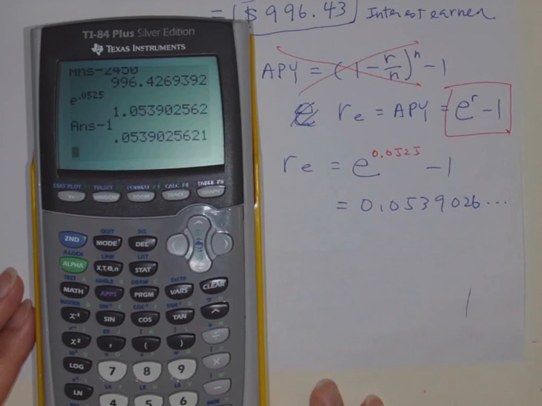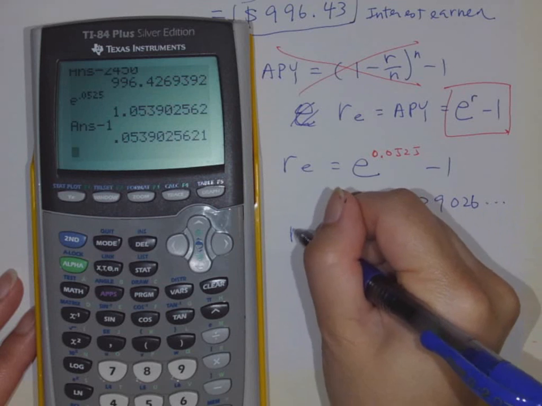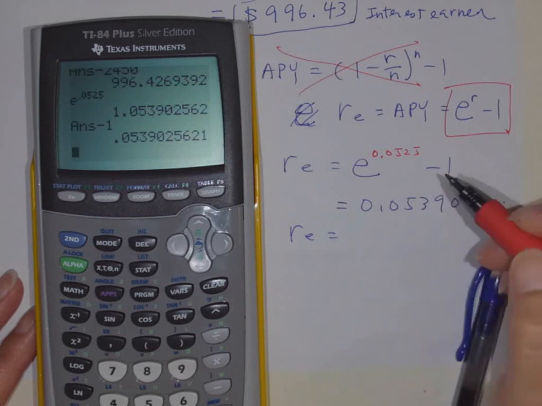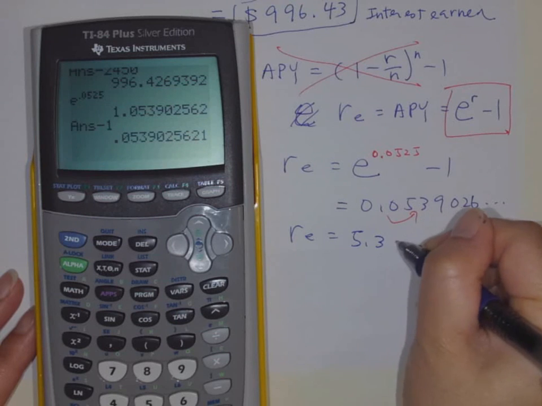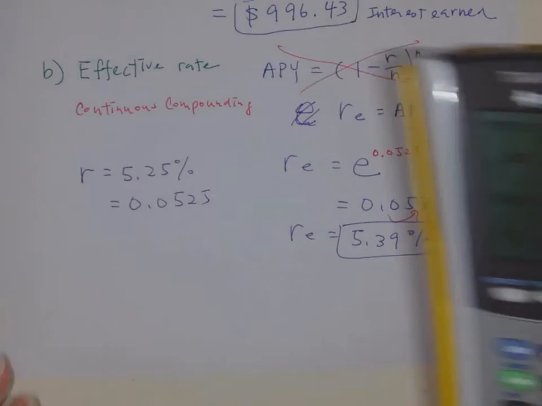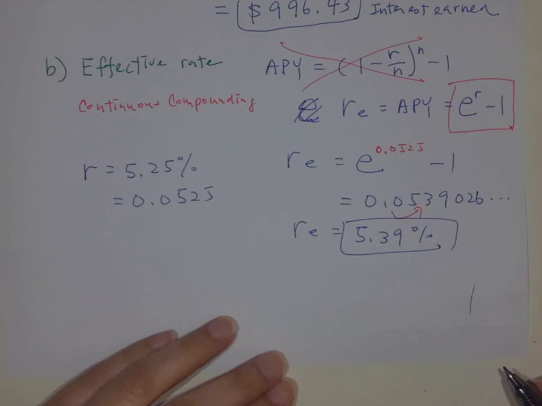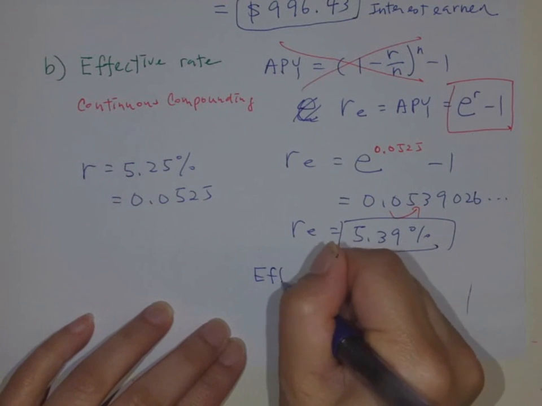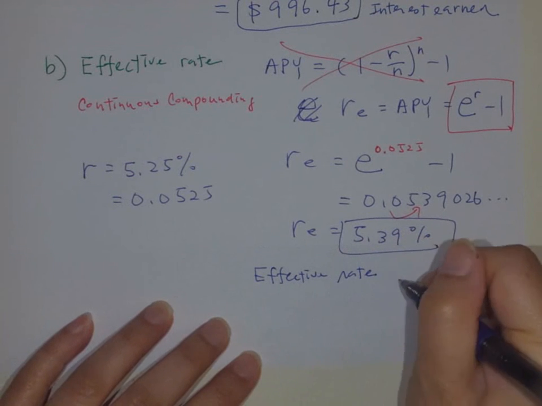So that would be 0.053926, something like that. Okay, because that's supposed to be an interest rate, we need to move it 2 decimal places, so it becomes 5.39%. So even though it looked like 5.25%, the effective interest rate is a little bit higher.